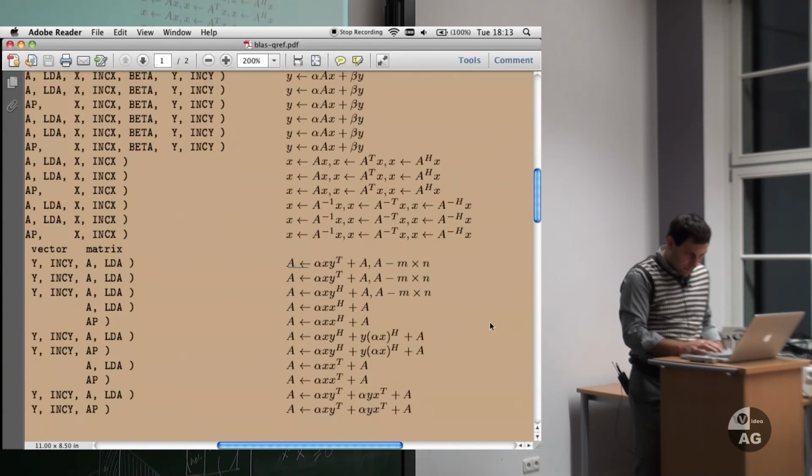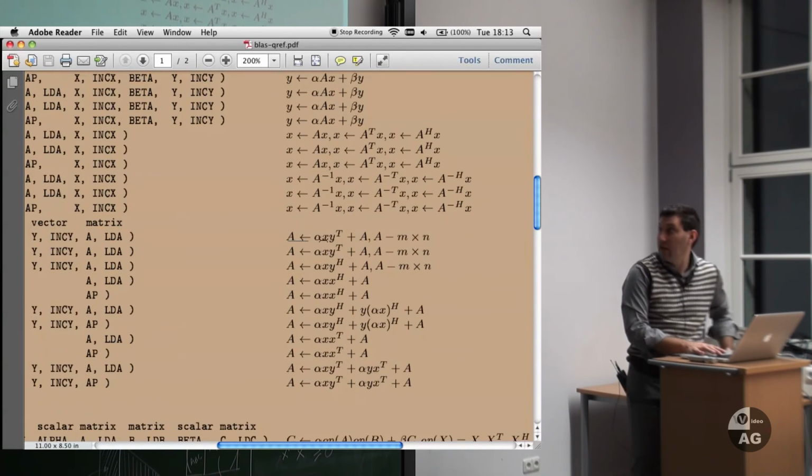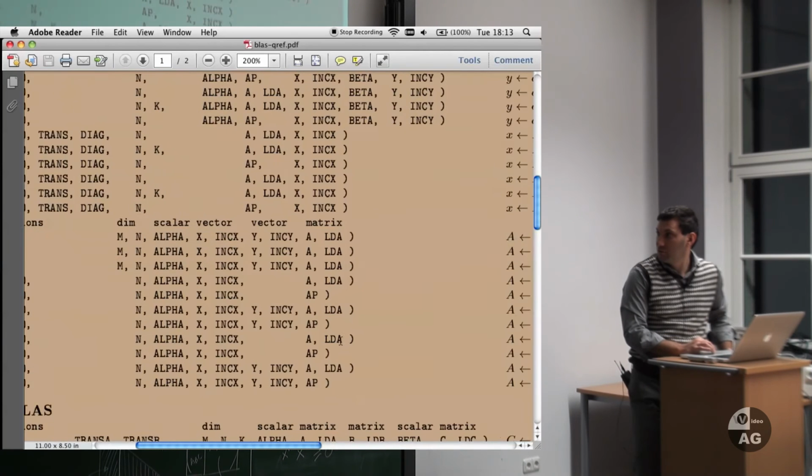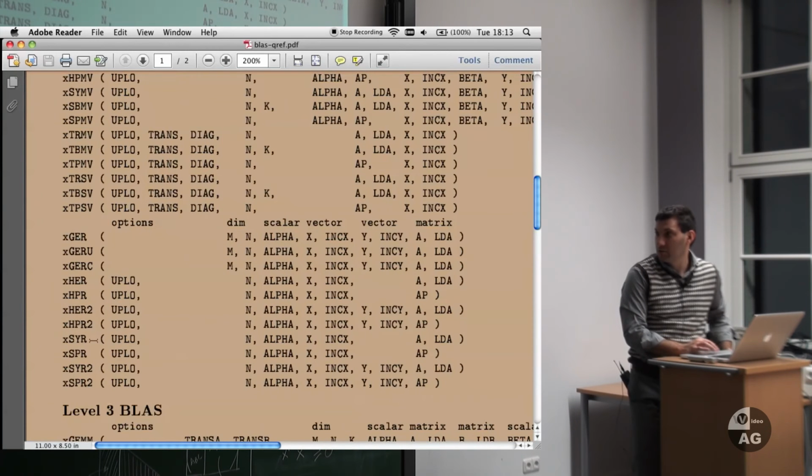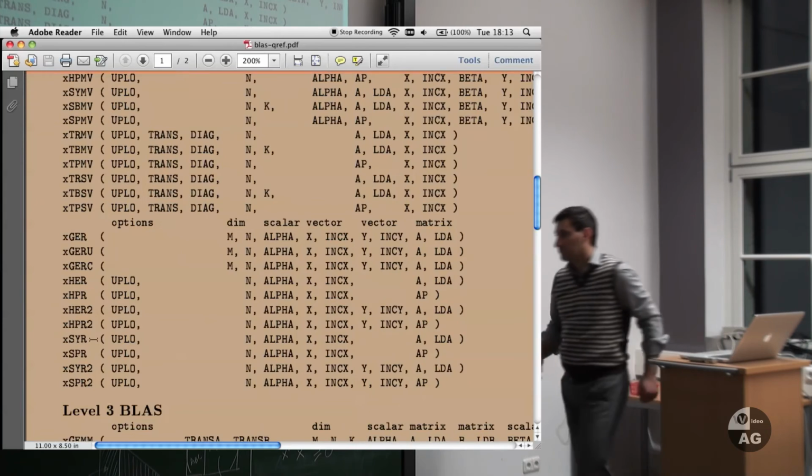Here we go. This is a non-symmetric update, x times y transpose, and here is the symmetric update, x x transpose or x x Hermitian.